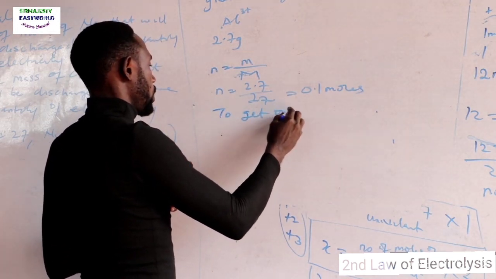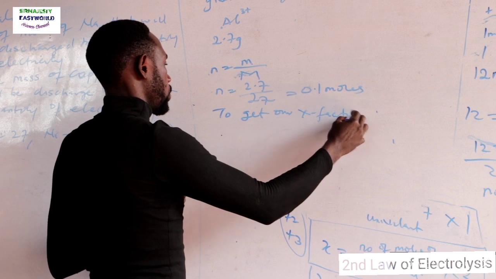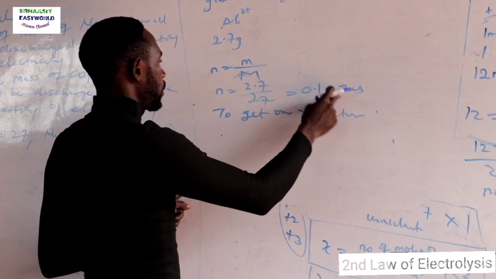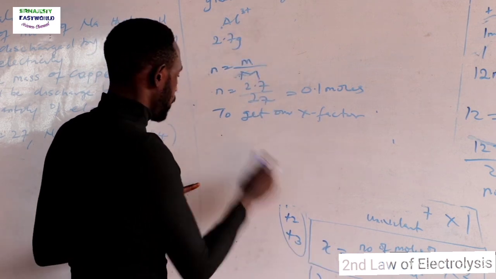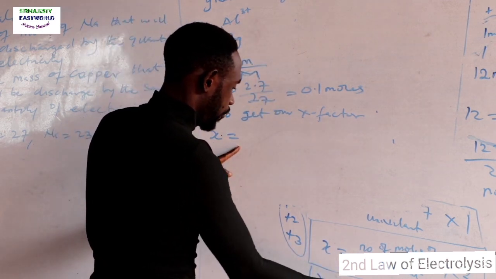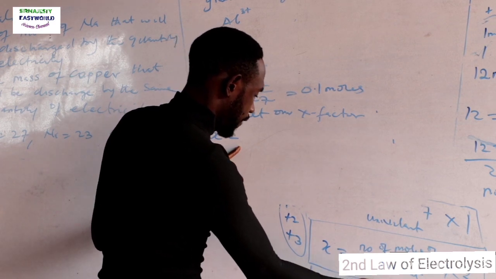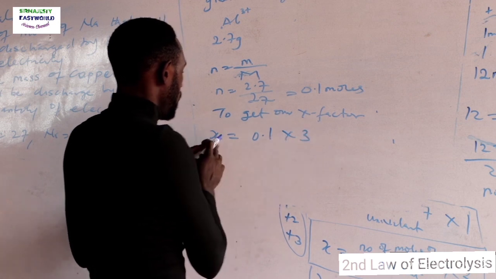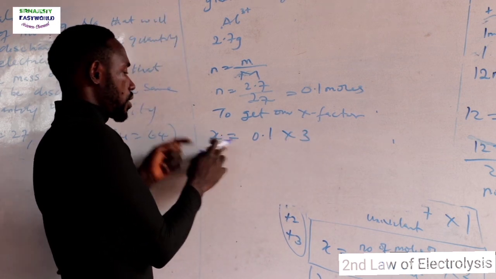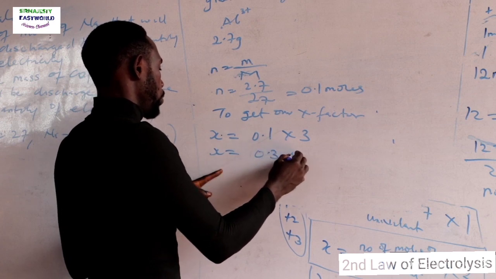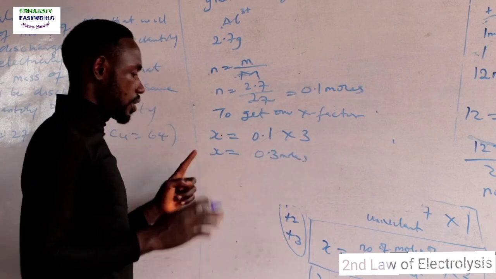In this case, for the moles of aluminium that was given, aluminium is plus 3, so we use this. X is equal to the number of moles of trivalent, which was 0.1, times 3. That's how to get your X factor, such that our X now is equal to 0.3 moles. So the X factor in this case is 0.3.